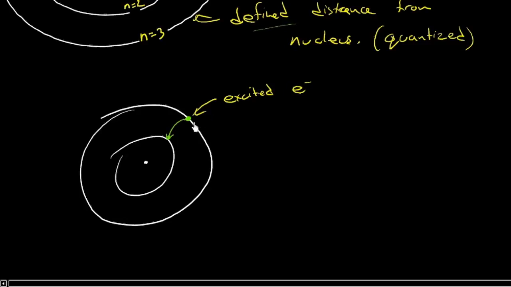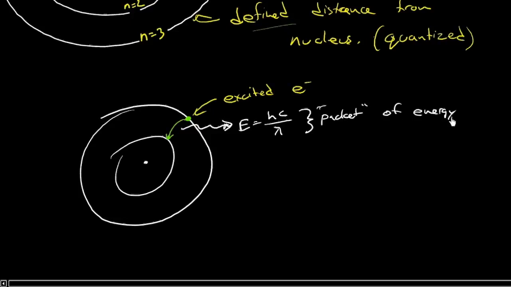So if this excited electron drops back down, it gives off energy. And because it's quantized, it's a little packet of energy, a specific quantity of energy. We call that a photon.